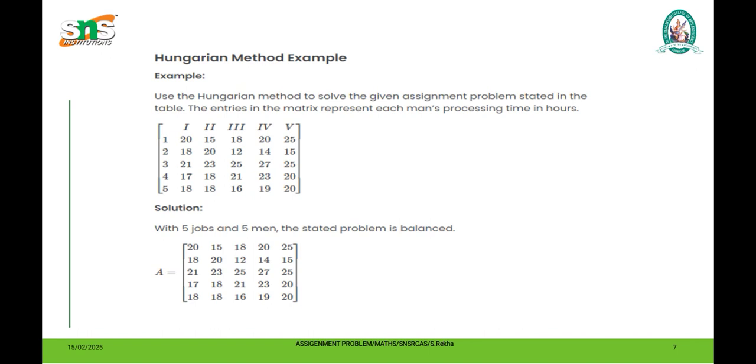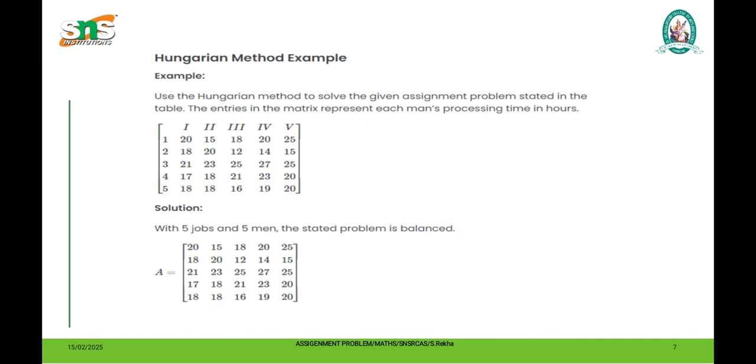In this problem we have to check the number of rows and number of columns. We have 5 rows as well as 5 columns, so it is a balanced one and we can move on to the problem. The first step is to check the minimum value. In the first row, 15 is the minimum, so we subtract the minimum.